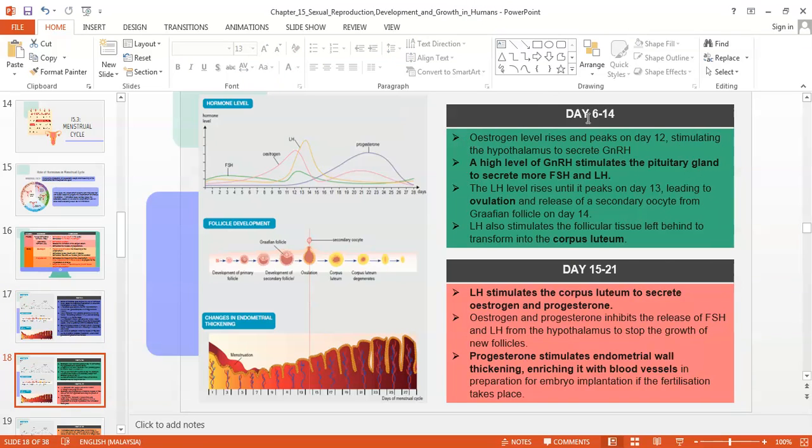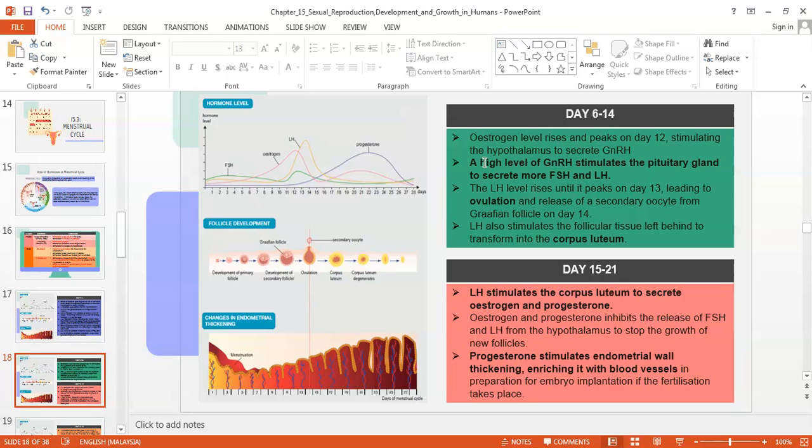Okay, and then between day 6 to 14, the estrogen level will rise and peak on day 12, stimulating the hypothalamus to secrete GnRH.